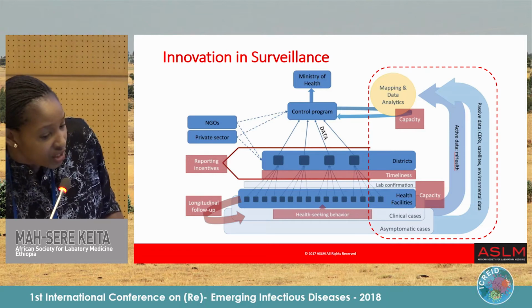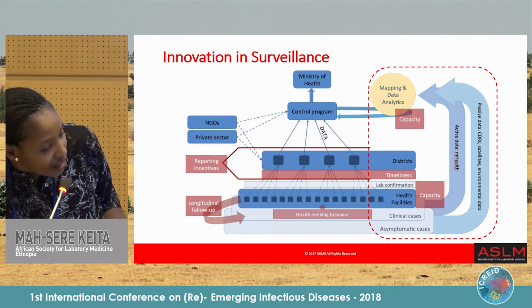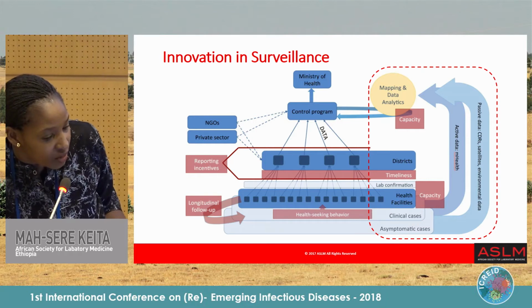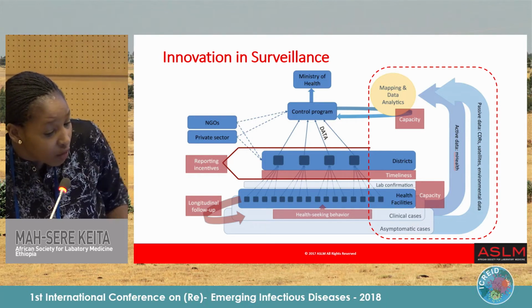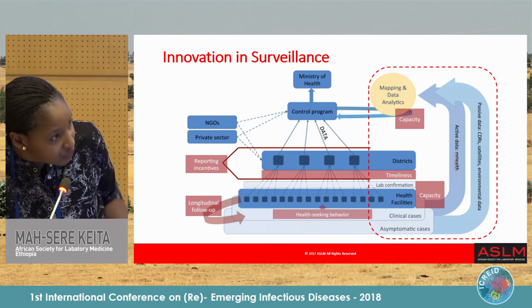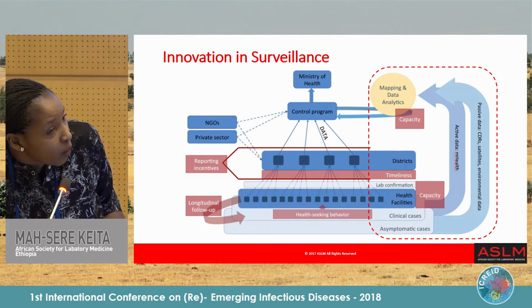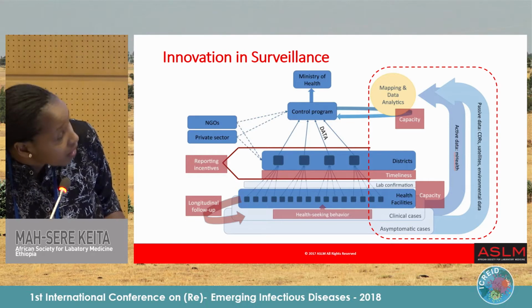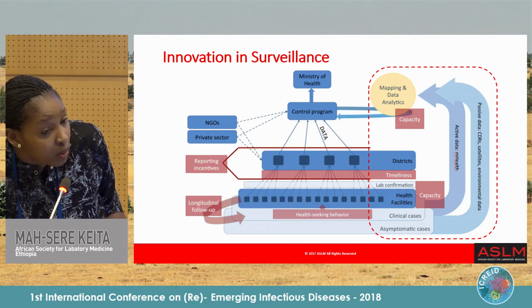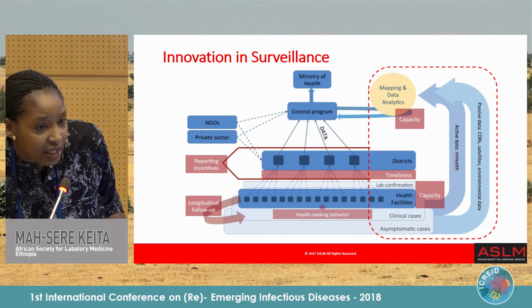So the innovation is happening on the right side of the slide, as you can see. More active surveillance being conducted, or better, more innovative ways of collecting data, some mapping and some data analytics.